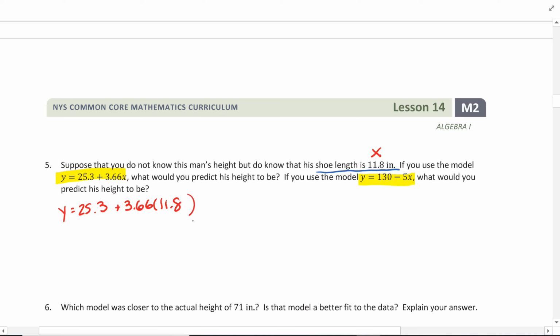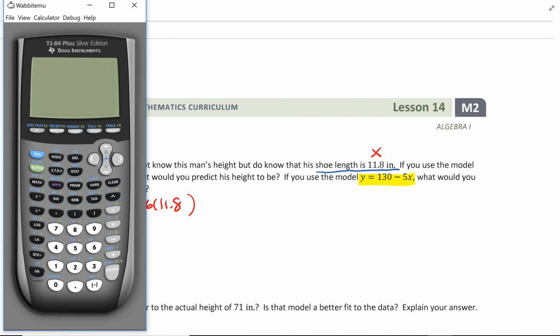So, in order to do this, we have to take our calculator, which I have.